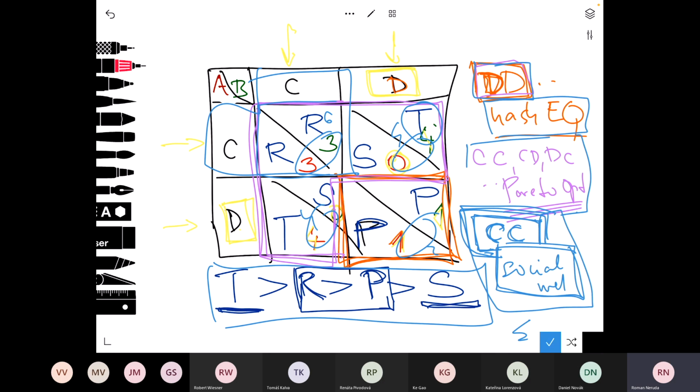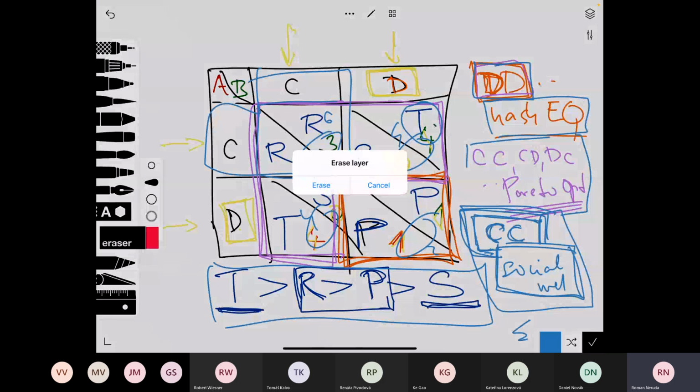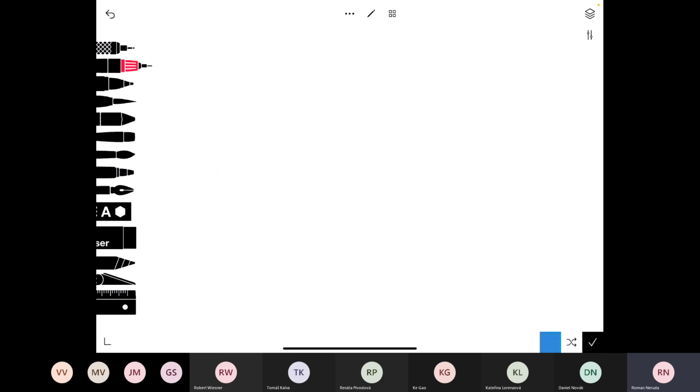And also, which I would like to tell you in the end, the situation changes when you iterate the problem. But I will tell you. I want to show you examples of some other games that have different properties.